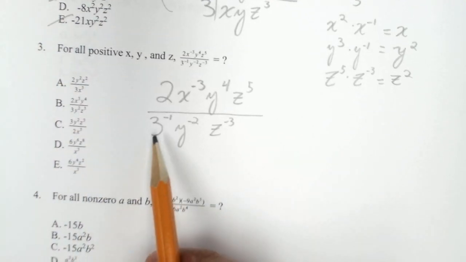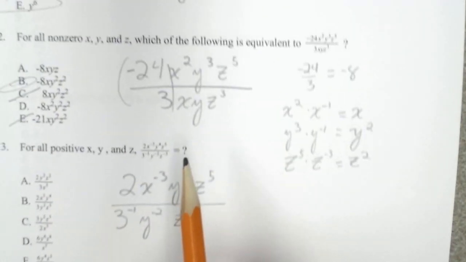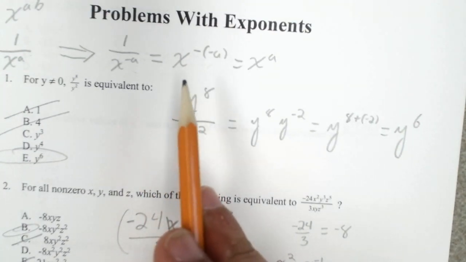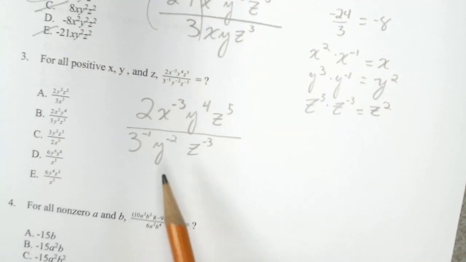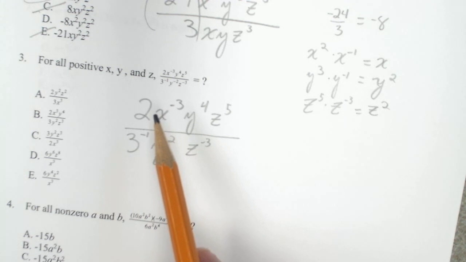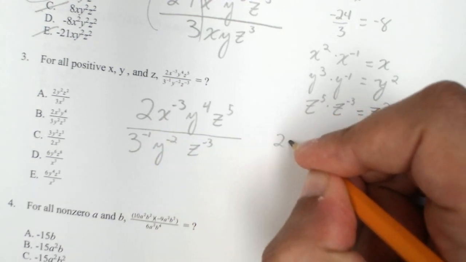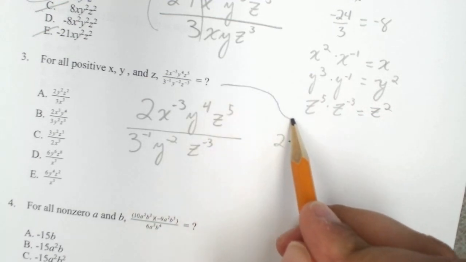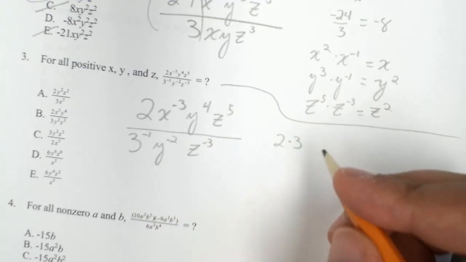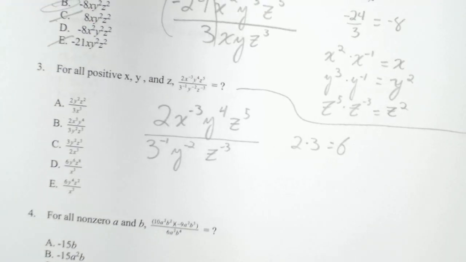We notice that we have a 3 to the negative 1 on the bottom, which if we go back up to our rules up here, we know that this is going to be the same as a 3 to the first power, just a 3 up here. So our coefficient is going to be, separating these, 2 times 3, it's going to be 6.